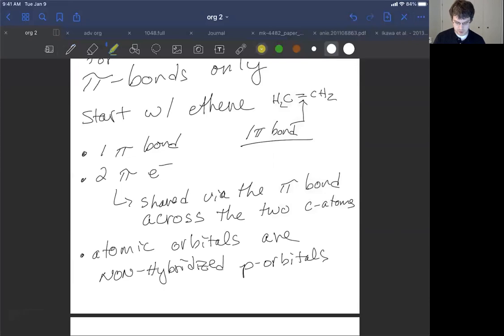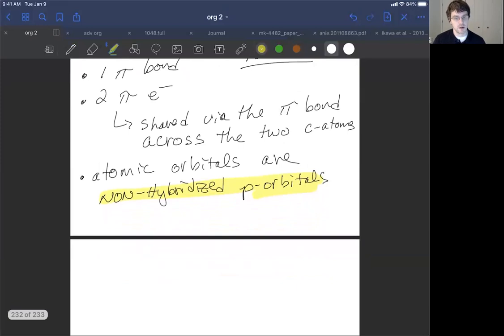That's really important for recognizing this. I can't emphasize this enough. We're basically ignoring all the sigma bonds, and we just want to talk about the pi bonds because we want to get into pi systems, extended pi systems, which are a key feature of resonance structures and conjugated pi systems. Okay, so we have two electrons, two atoms, two p orbitals that come together to form a molecular orbital.